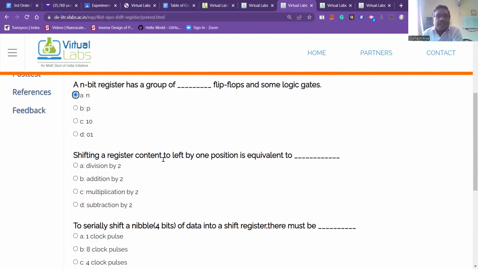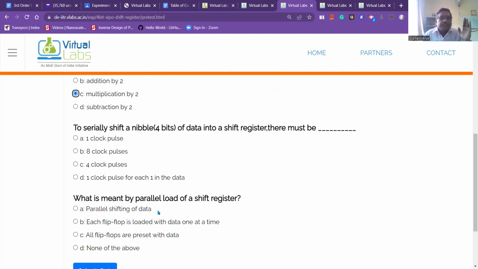Shifting a register content to the left by one position is equivalent to multiplication by 2, because weight increases towards the left and decreases towards the right, as in binary 2 to the power 0, 2 to the power 1, 2 to the power 2. That is my option C.